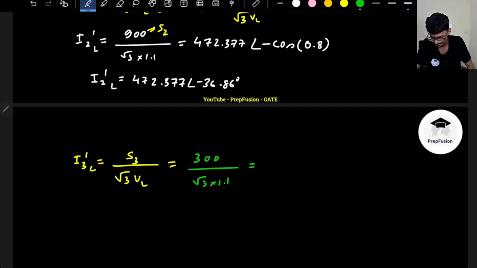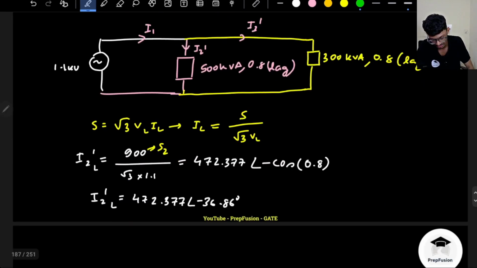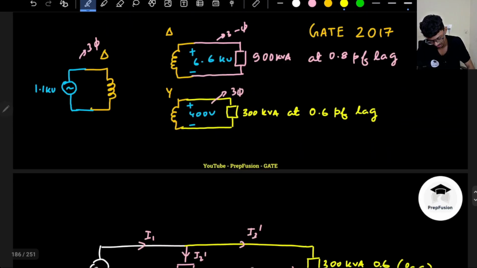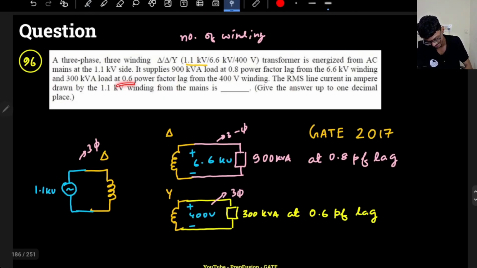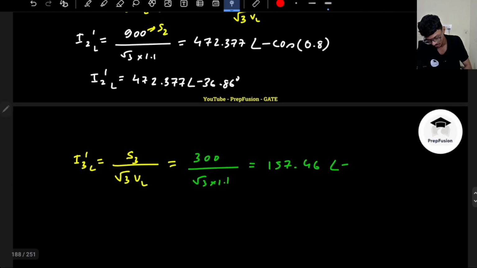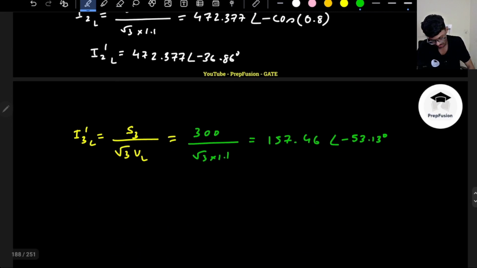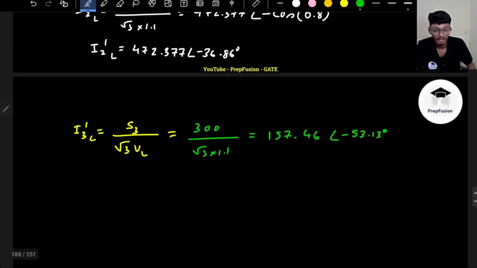The kilo cancels, so 300 divided by 1.1 divided by root 3, which is 157.46 amperes. What is the phase angle? It is minus cos inverse 0.6, not 0.8, as they have mentioned 0.6. So cos inverse of 0.6 is minus 53.13 degrees.